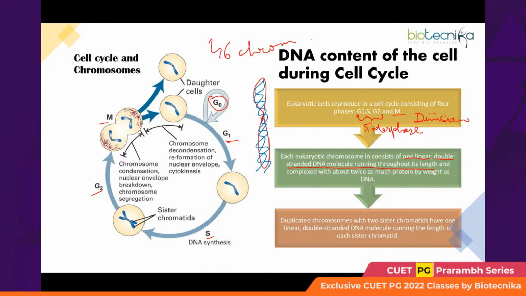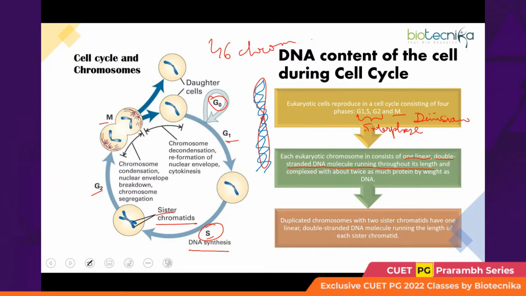All right, and the S phase is called the synthesis phase, where the DNA replication happens. Correct. So when the DNA replication happens, what will it result in? The entire DNA strand will be replicated, and that will result in the formation of sister chromatids.